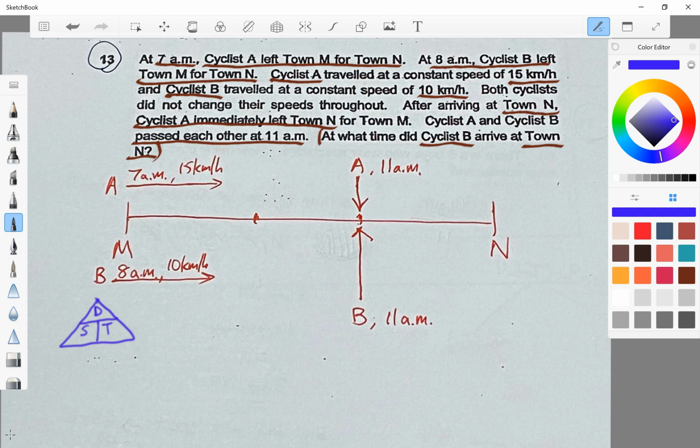For cyclist B, we want to find out how far cyclist B traveled from 8 AM to 11 AM, when the two cyclists met each other. The speed for cyclist B is given as 10 km per hour. As for the time taken, it was 3 hours, meaning from 8 AM to 11 AM it was 3 hours.